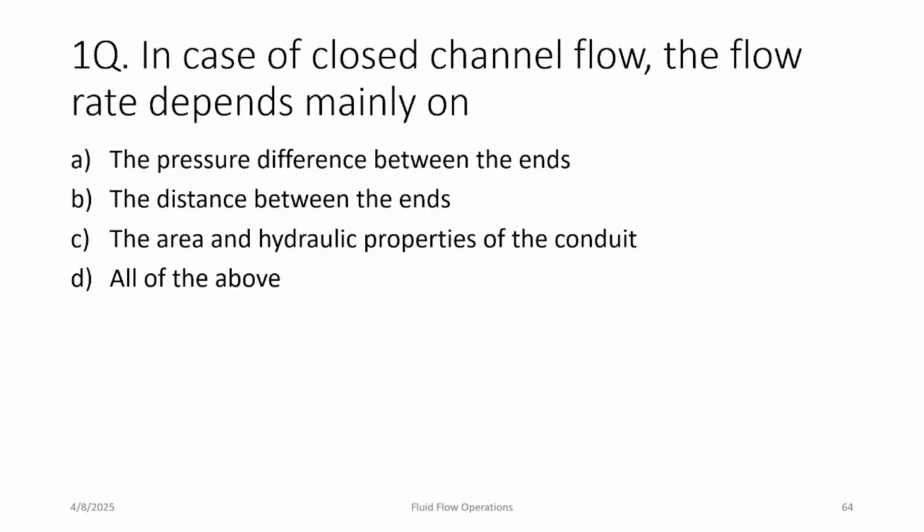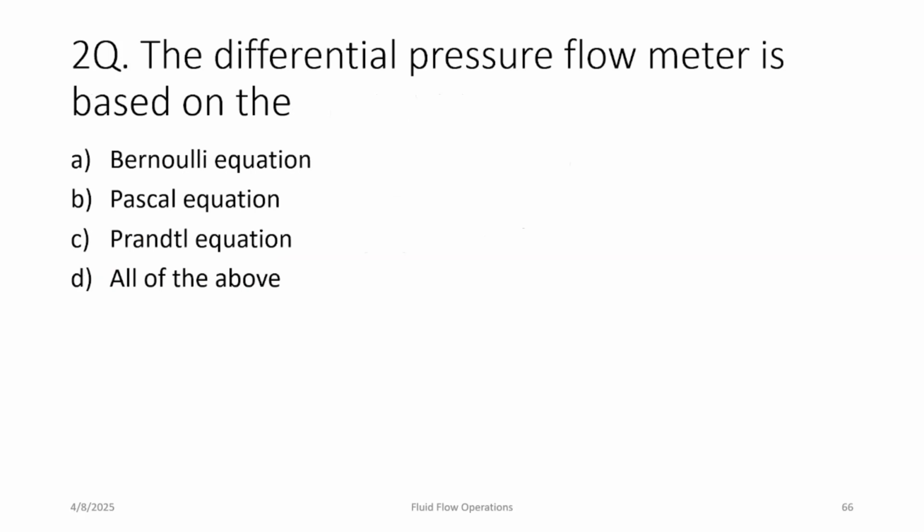Pressure difference will affect the flow rate. Distance between the ends will also affect the flow rate. Area and hydraulic properties of the conduit will also affect. So it is option D, that is all the above.